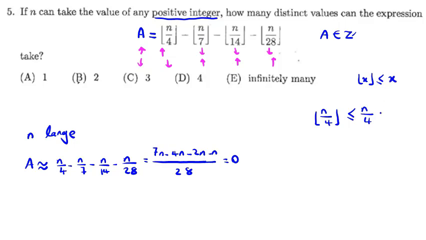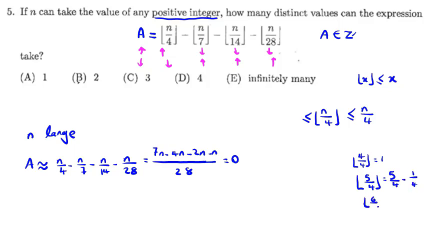So we have this. But for the lower bound, what is it greater than or equal to? Look, n over 4, for example, if you have 4 over 4, it is 1. If I have 5 over 4, then it is 1. It means 5 over 4 minus 1 over 4.